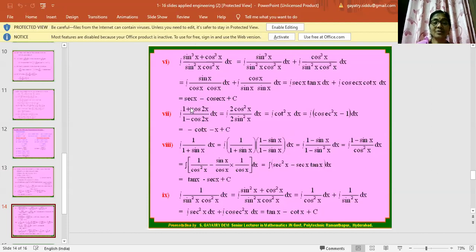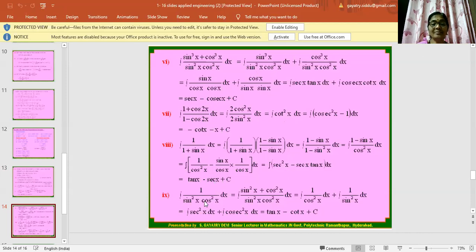Depending on the numerator and denominator, or on the function, you have to decide how to simplify it and how to come out of the fraction form into a simple form. Fraction to simplest form conversion is the very important point. So we follow different procedures everywhere to get simple forms, and then directly write the integration formulas.